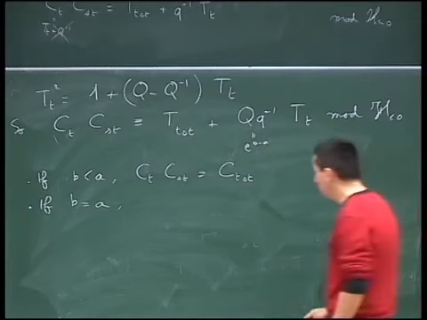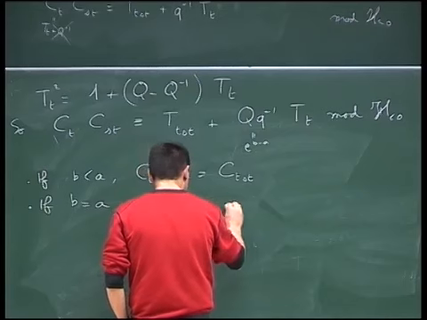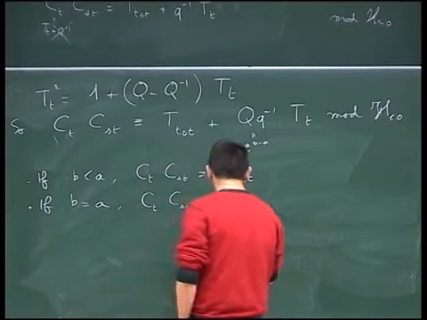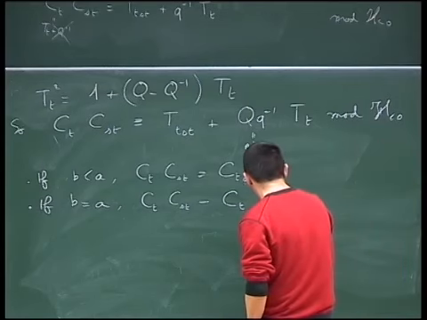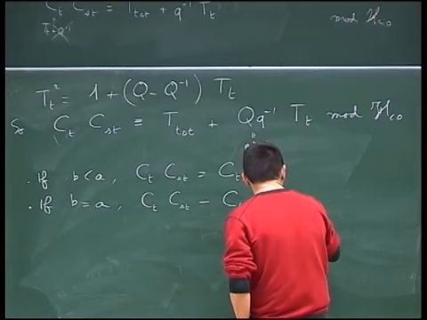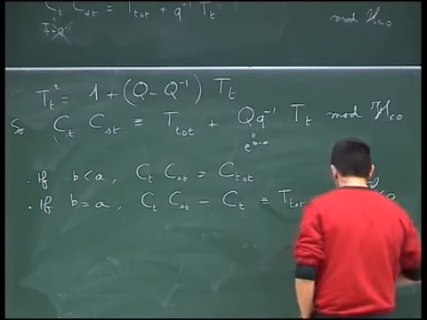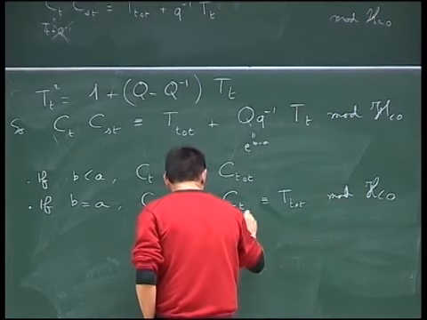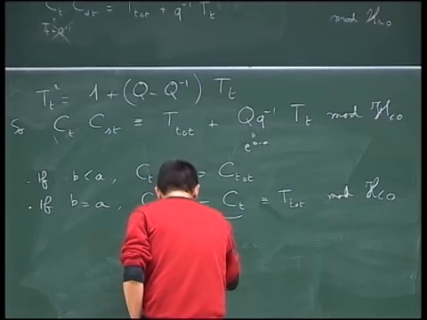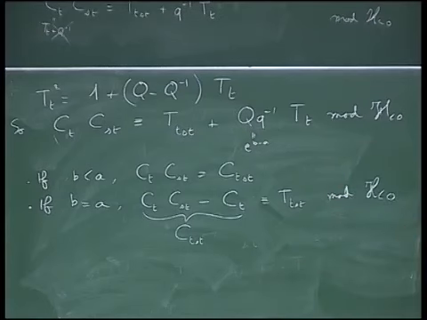But if you compute CT times CST minus CT, you subtract CT, you will get something which is congruent to TTST modulo H less than 0. And this tells you that this guy is the Kazhdan-Lusztig element you are looking for, because this guy is clearly invariant under the bar involution.